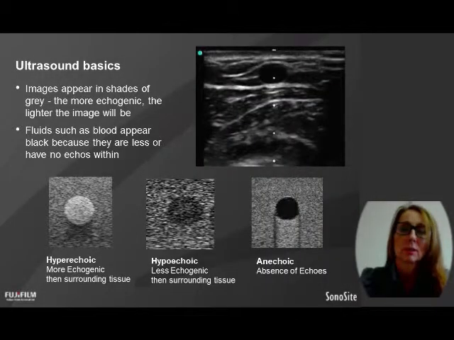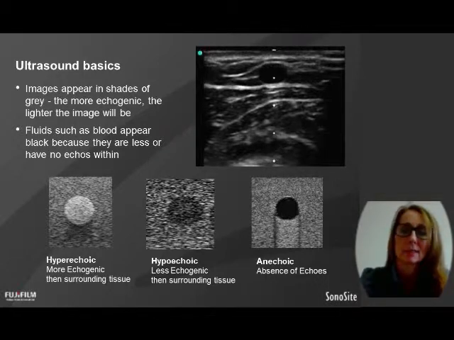So images on the ultrasound do appear in shades of grey. Basically, the more echogenic, the lighter the image will be, and the less echogenic, the darker it will be. So if you look at the images here, you can see that some are a lighter image.